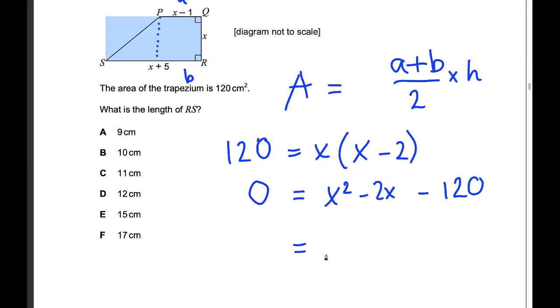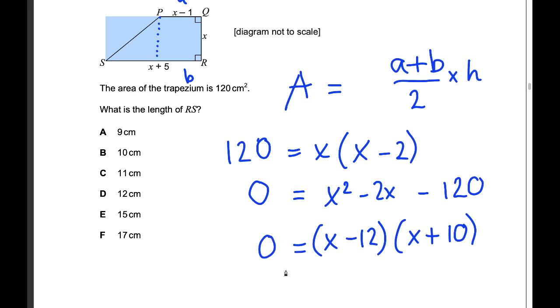And I can work those out pretty easily. So it's going to be x minus 12 in brackets times x plus 10. Okay, so 10 minus 12 is minus 2, and minus 12 times 10 is minus 120.